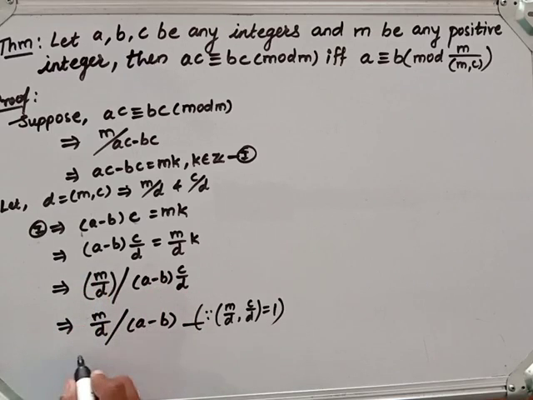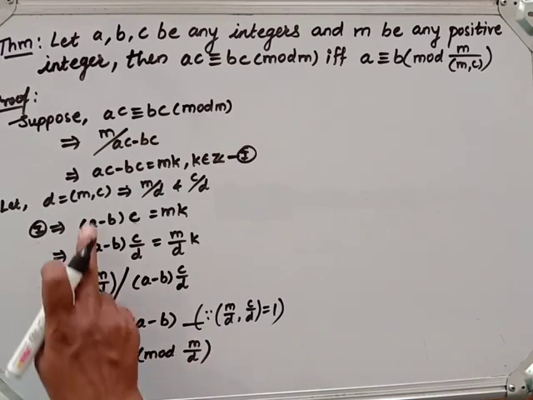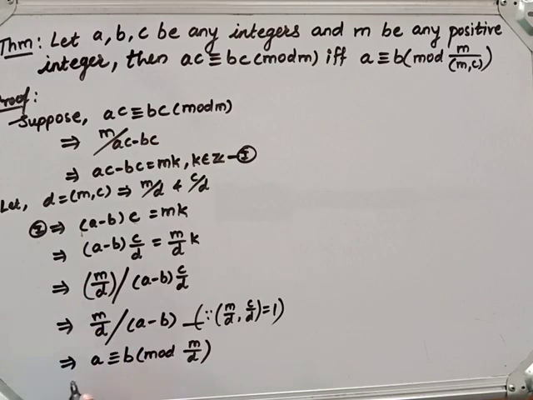And if this is a divisor of a minus b, by definition of congruence we get a is congruent to b modulo m upon d. What is d? d is the GCD of m and c. So the same thing can be written as a is congruent to b modulo m upon GCD of m and c.